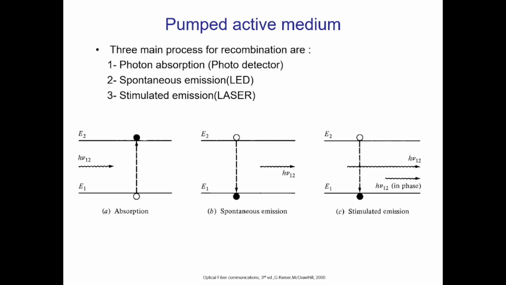Random recombination of electron hole pairs takes place and it is incoherent. You can say the emitted photons can be incoherent. It is not coherent or in phase. So normally the light emitted from the LEDs can be incoherent due to the spontaneous emission.